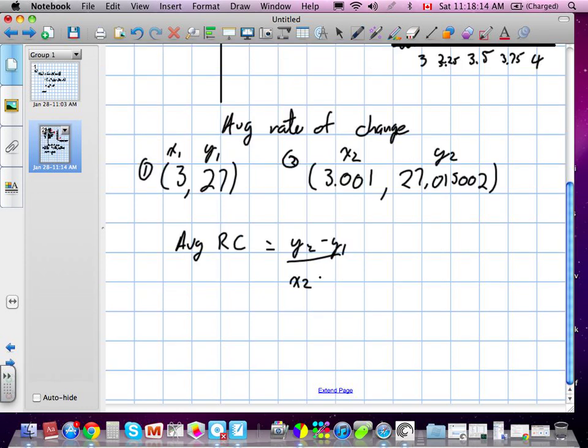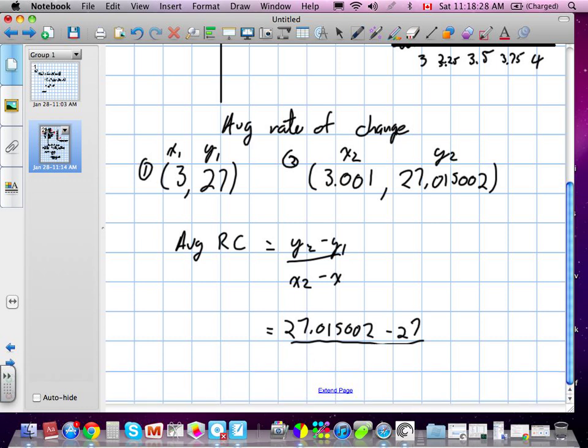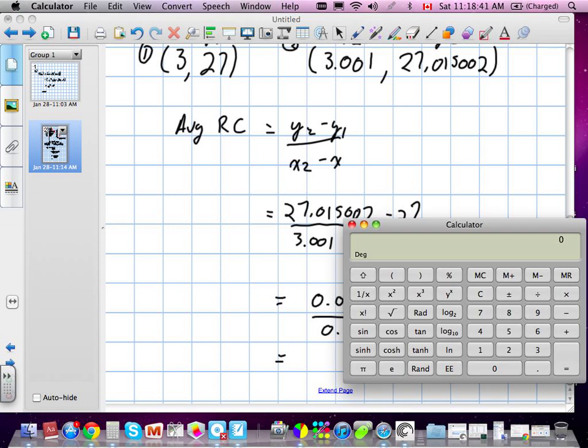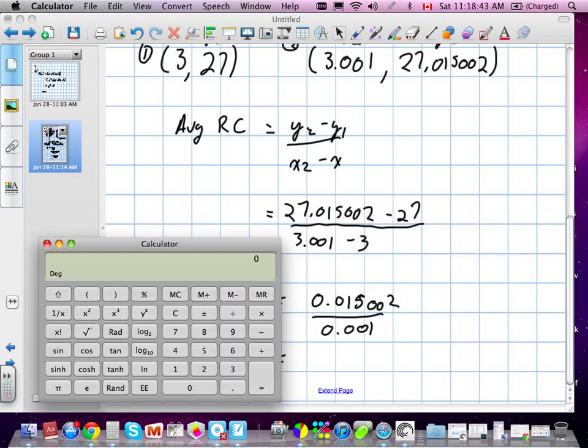y2 is 27.015002, subtract our 27, divided by x2 which is 3.001, subtract 3. This is going to give us positive 0.015002 divided by 0.001, and we'll plug that into our calculator. 0.015002 divided by 0.001 is 15.002.